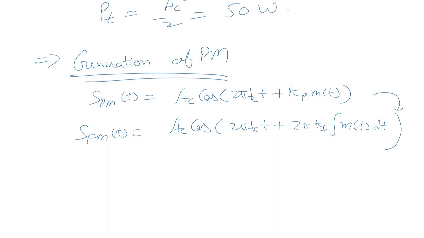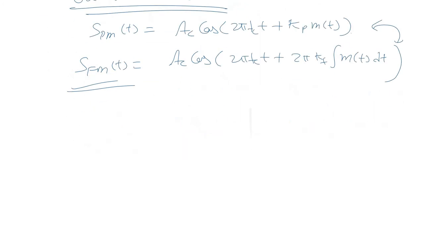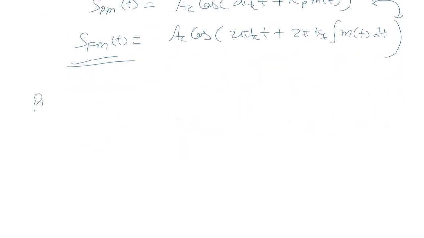So you can see the similarity between the two. And if one of the signals is known to us, we can easily generate the other signal by some minor modifications. So we can generate PM from FM.